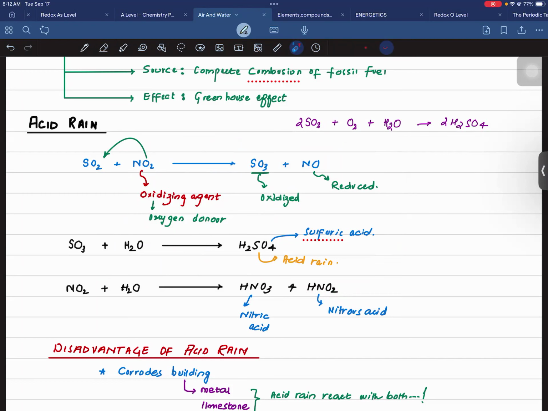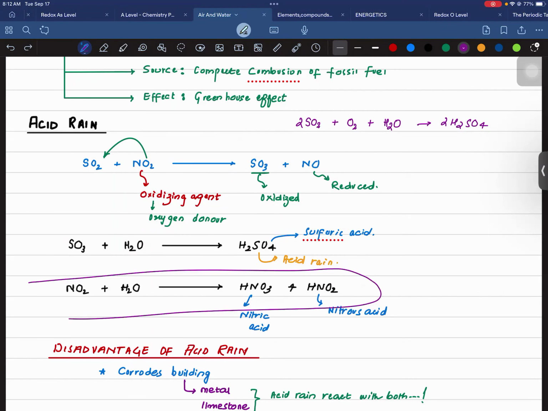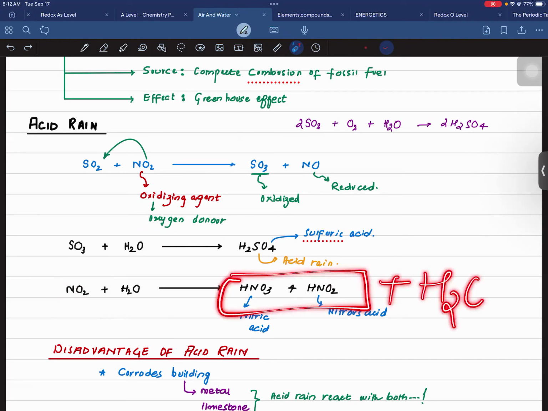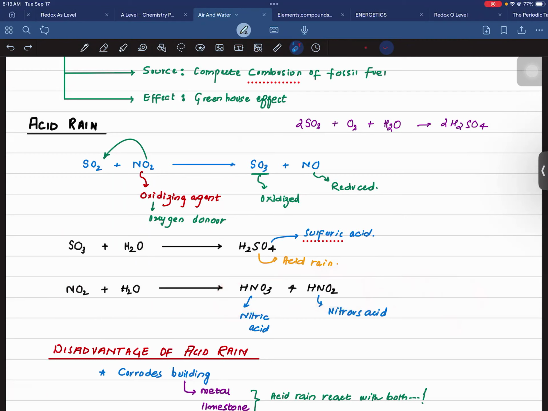So remember, in this case I told you it produces sulfuric acid, and it produces nitric and nitrous acid. NO2 can produce nitric acid and nitrous acid. In both cases, the compounds mix with H2O and produce an acidic solution in the form of acid rain.